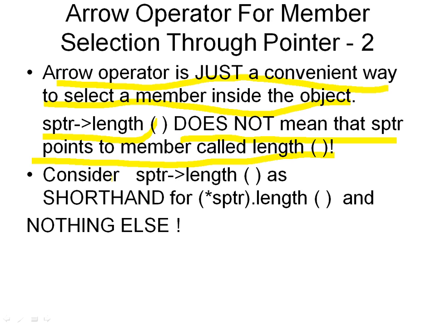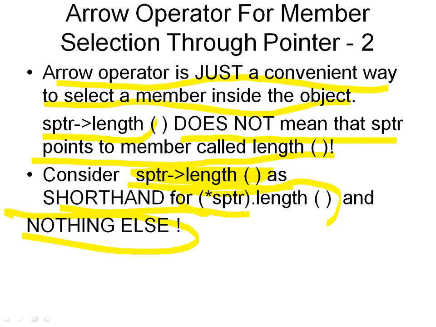The only meaning you have here is that SPTR arrow length is a shorthand for asterisk SPTR dot length, and it means nothing else. There is no extra meaning whatsoever attached to SPTR arrow length. It's only a shorthand for the dereferenced value of the pointer SPTR dot length. So just remember that.